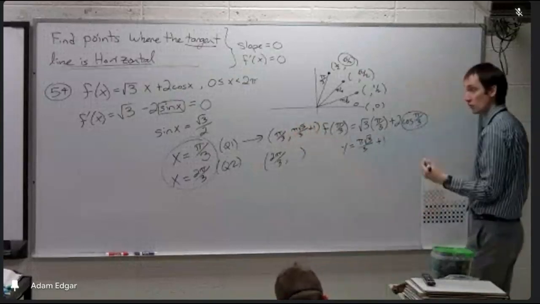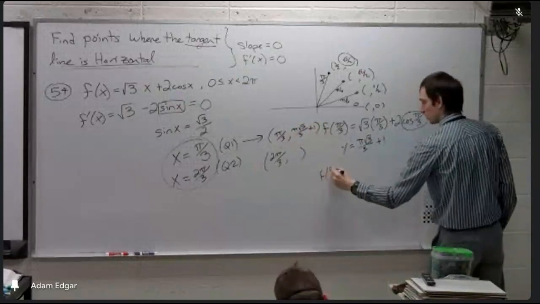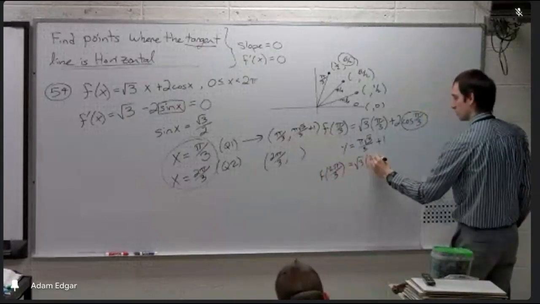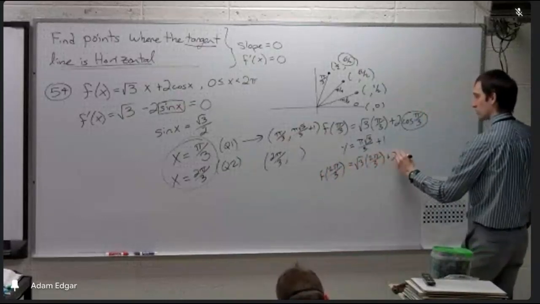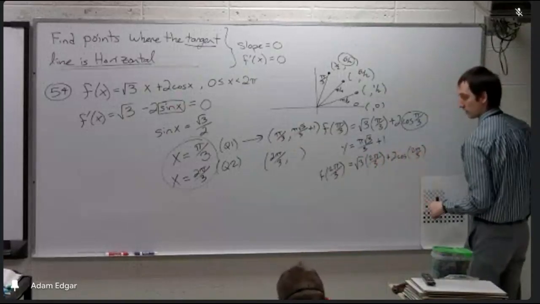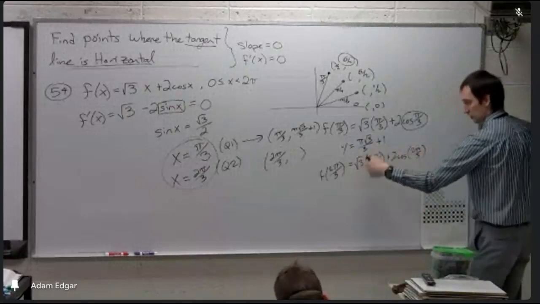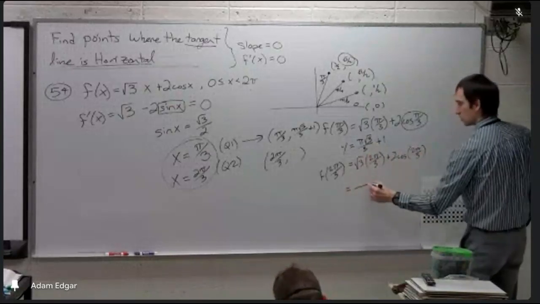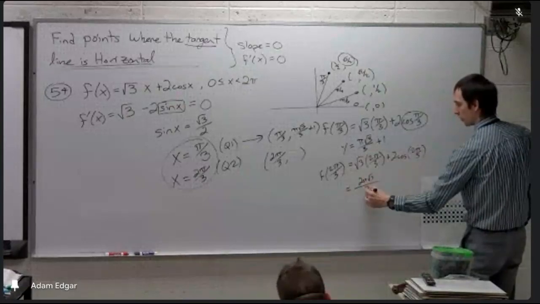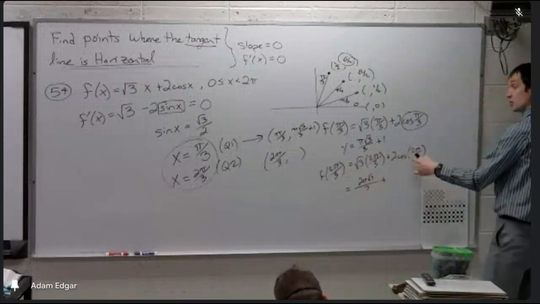Do the same thing for 2 pi thirds. We have root 3 times 2 pi over 3 plus 2 times cosine of 2 pi over 3. And guess what this first thing is going to look like? 2 pi root 3 over 3. And what's cosine of 2 pi over 3?